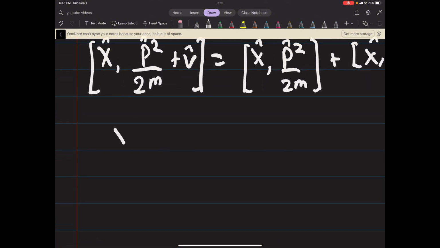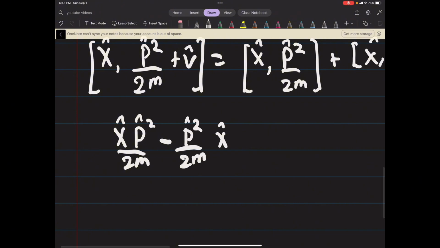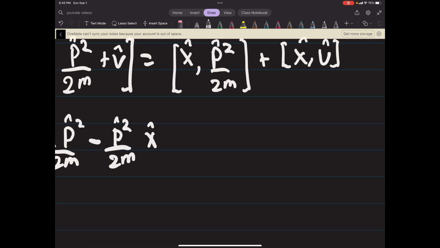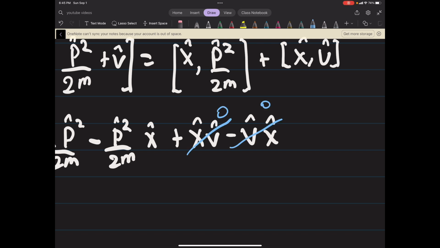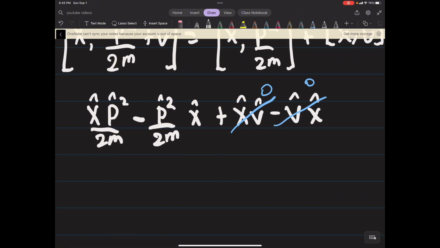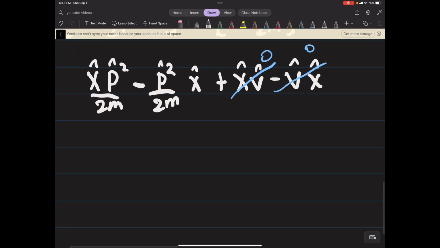So in the first part, we have x p hat squared over 2m minus p hat squared over 2m x, and we'll get plus xV minus Vx. So these will go away, and this was the benefit of writing the commutation relationship, that we can really just focus on the x and p, since x and V commute with each other.